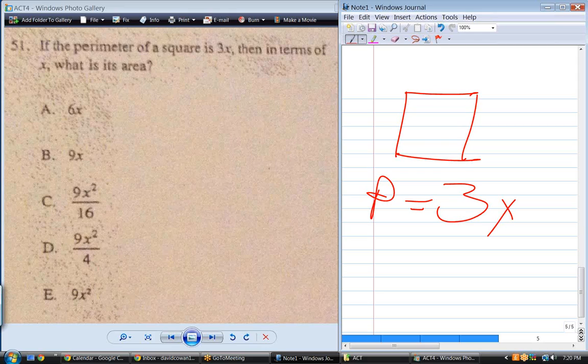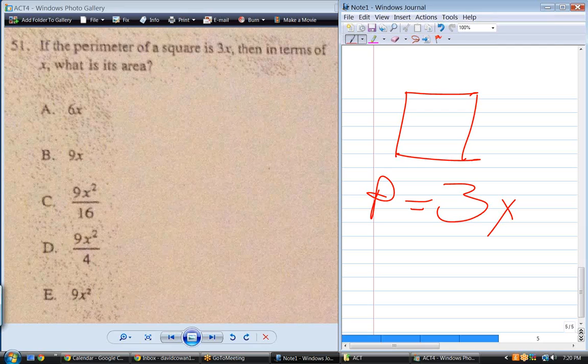Okay, what's the something we need to do first? Know the perimeter is 3x. What else do we know about that square? What is each side of that square if the perimeter is 3x? How many sides are on a square? 4. So what's each side? Each side would be 1/3 x.